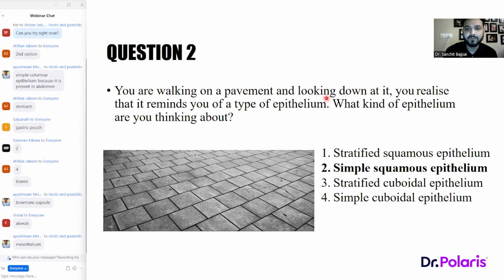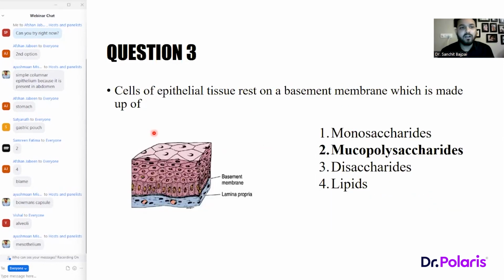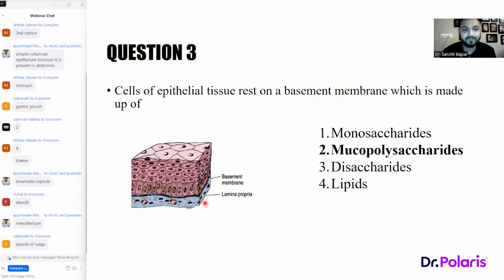Just let me take down one more scenario with you. Okay. So now you know that this basement membrane is present here. Can anyone in the comment box tell me what are the two parts of the basement membrane?